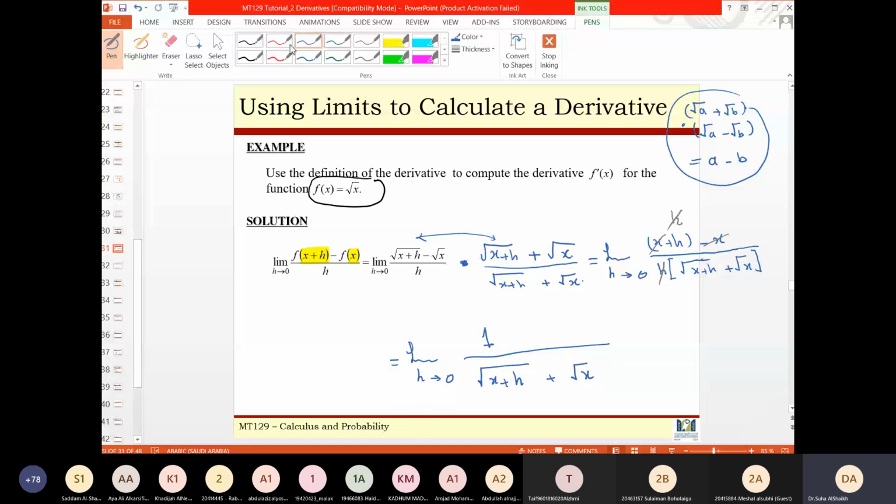Now I'm ready to substitute h with 0. The h down there has cancelled already, so I'm ready to substitute h with 0. So this will be 1 over the root of x plus the root of x. This is actually 1 over 2 root x, and this will be the answer.